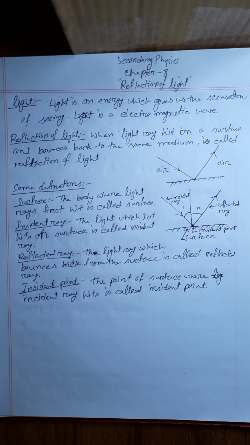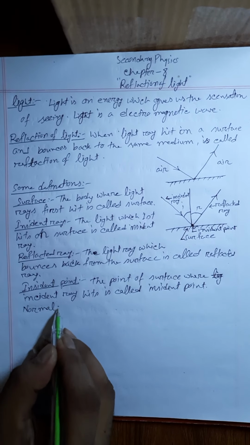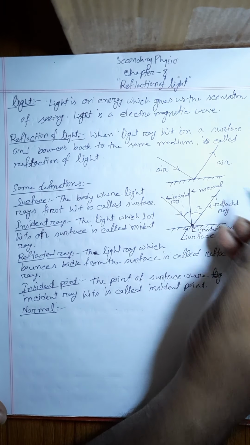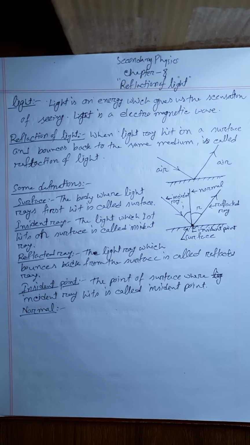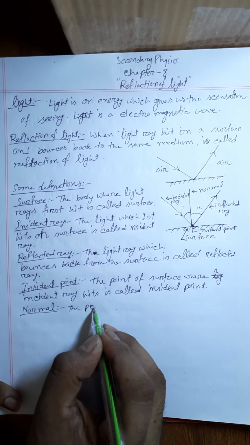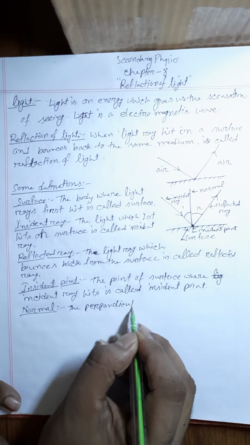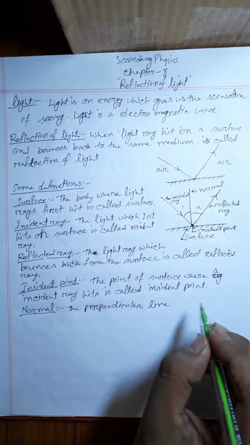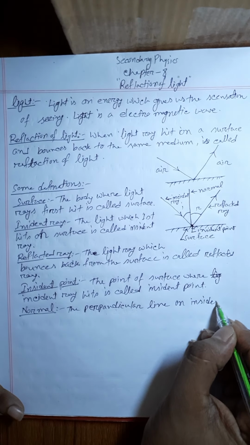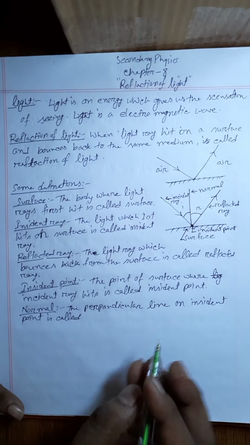Okay, then normal. The perpendicular line on the incident point is called the normal.